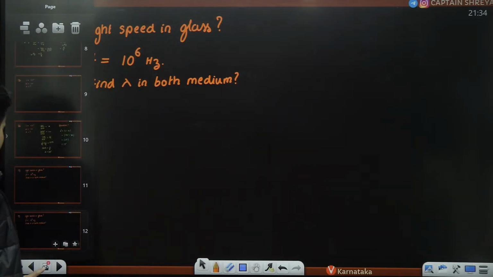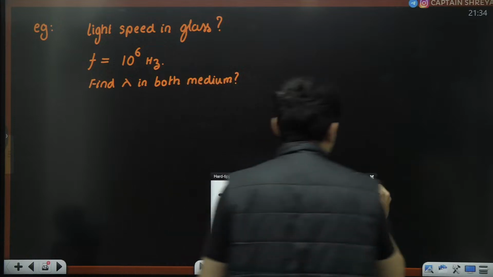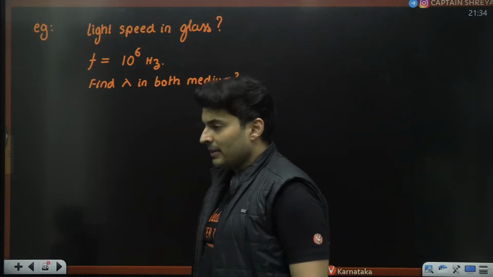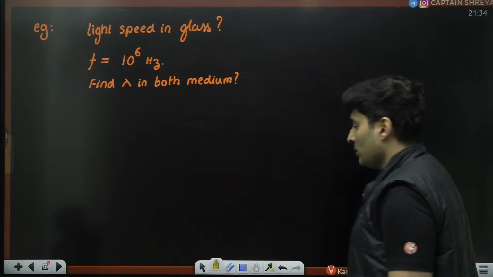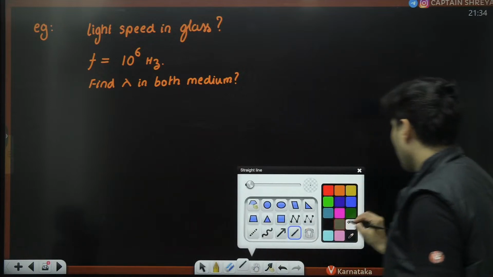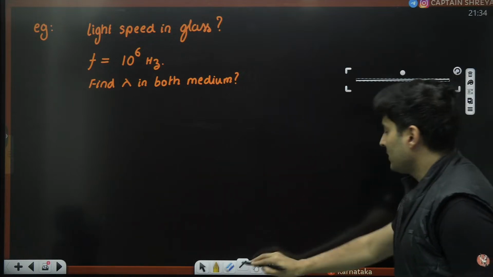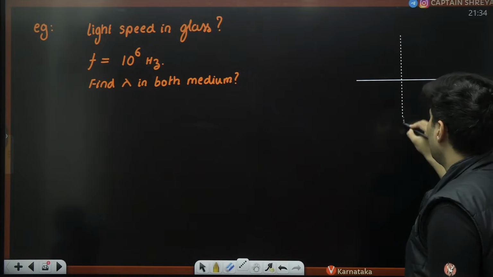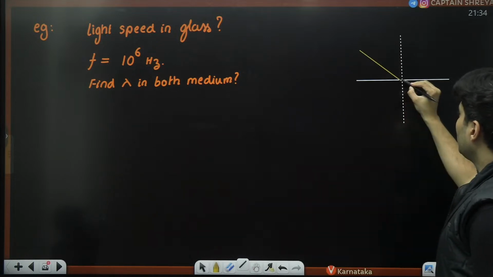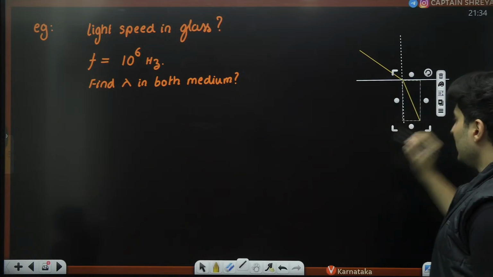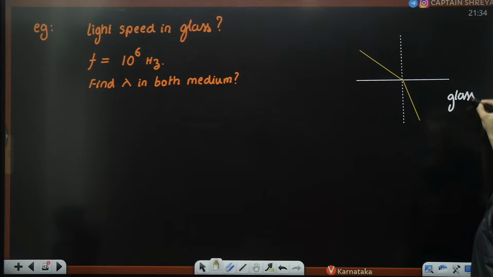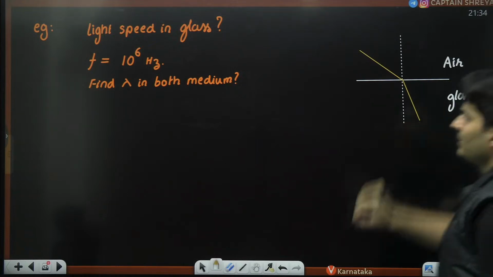Okay, so this is the question. Let's try to understand this. The speed of light in glass is asked, frequency of light is given, and the wavelength is also asked. See, think about it. This is the interface. This is the normal. The light will come like this and it will go inside like that. This would be your glass. This would be your air.